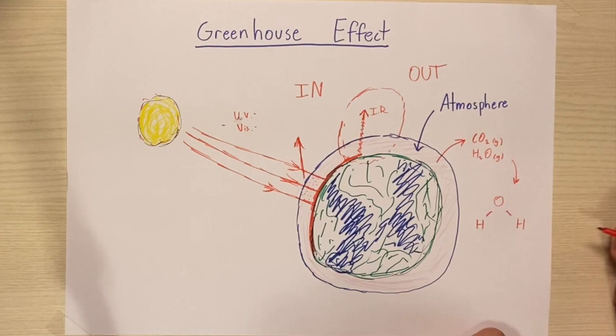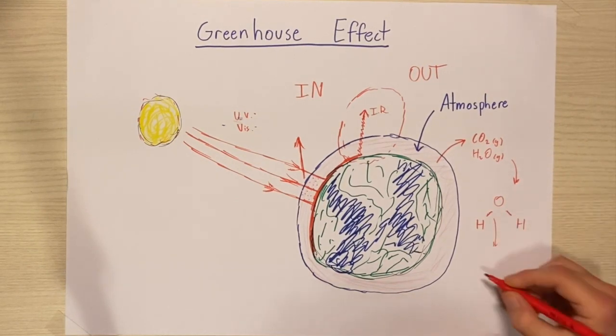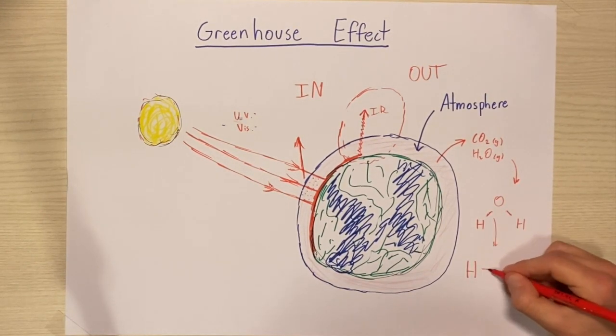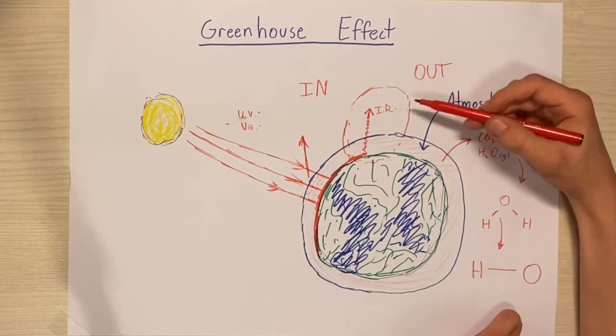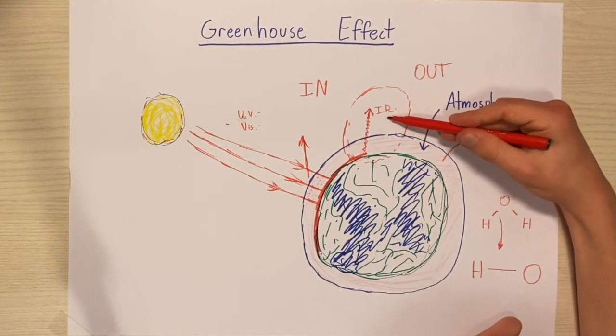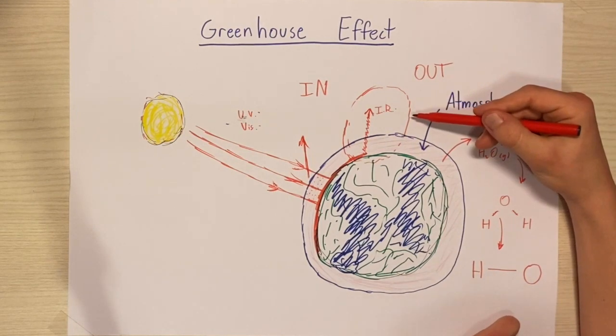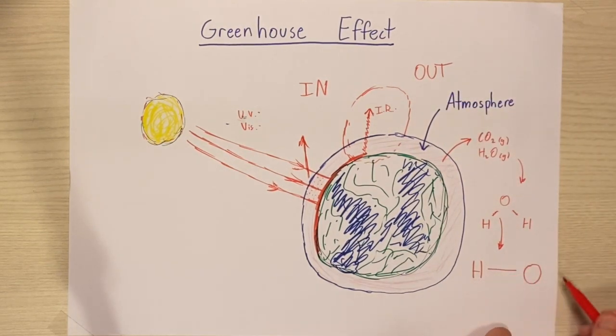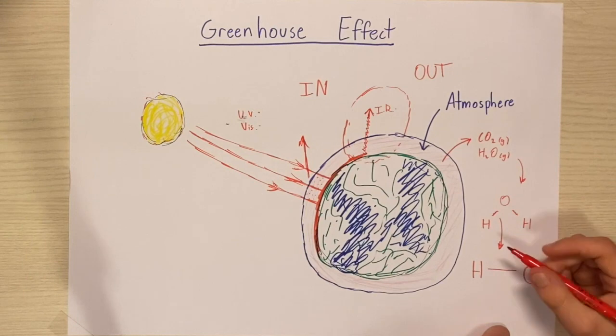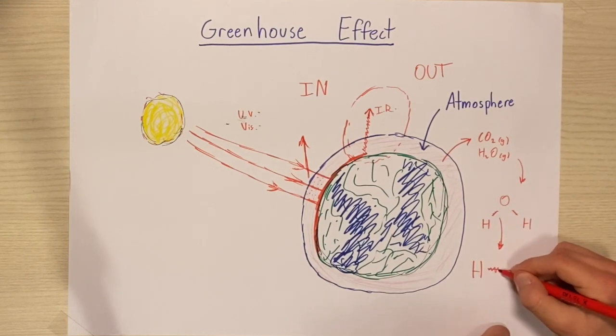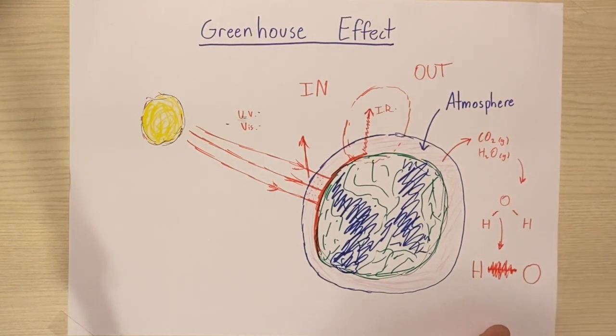What happens is, we can take this bond and enlarge it here so that it's easier to see. The frequency of the emitted infrared radiation can actually match the natural frequency of some of these covalent bonds. And so what this does is it causes the bonds to start vibrating, and they vibrate pretty aggressively.